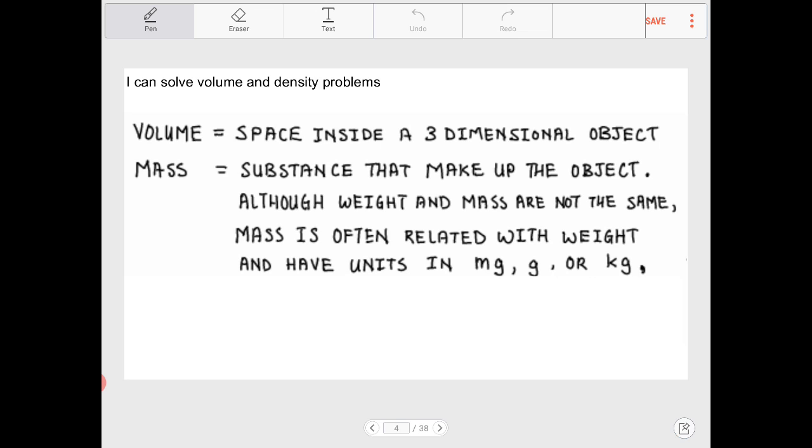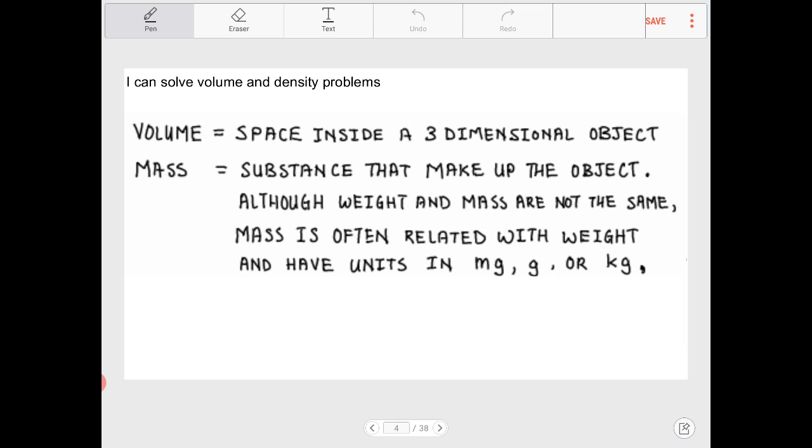Although weight and mass are not the same, mass is often related with weight and has the same units. In the metric system, when you get your weight taken, your weight is often measured in kilograms. That is actually the same as the mass. I don't want to get into the whole physics concepts behind this, but mass and weight are actually two separate things.